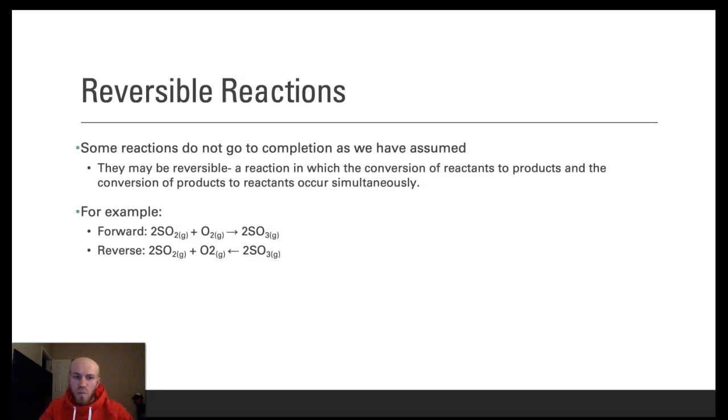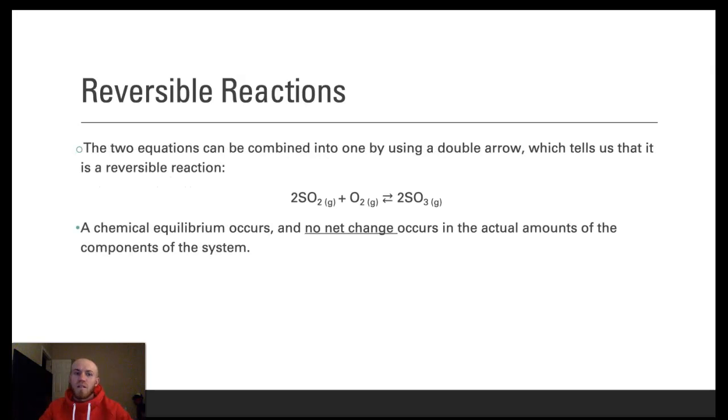If we look here at the example, we have the forward and the reverse, so it's just the opposite. Usually we've been using one arrow. Now we're going to use a double arrow, which will be on the next slide. With a reversible reaction, we use a double arrow, indicating that it's going back and forth simultaneously. Both are being formed. Also, when chemical equilibrium occurs, no net change occurs in the amounts of the components of the system.